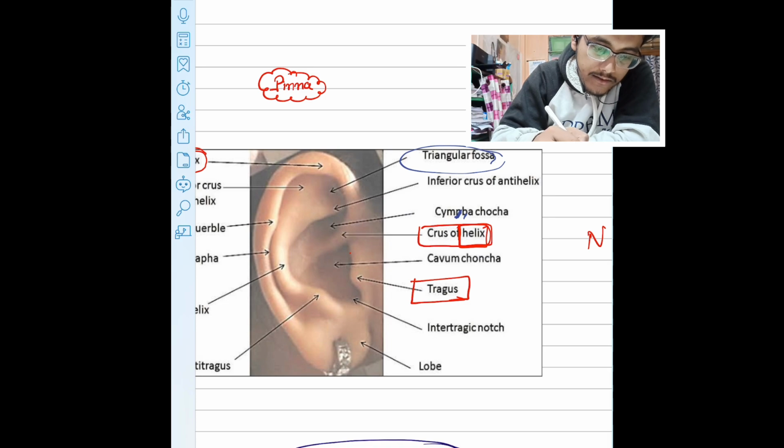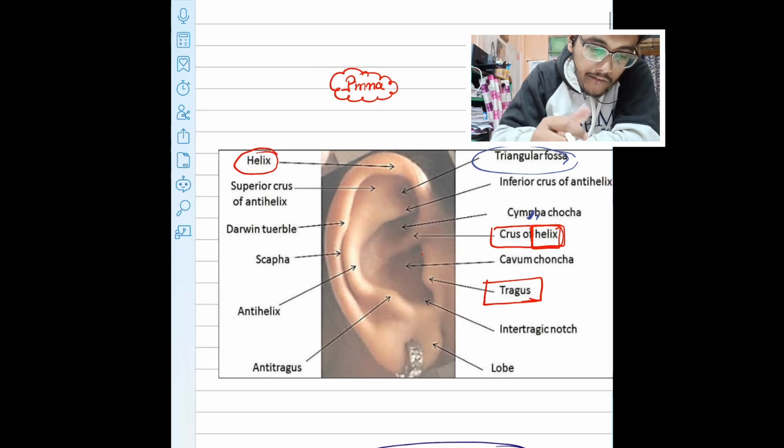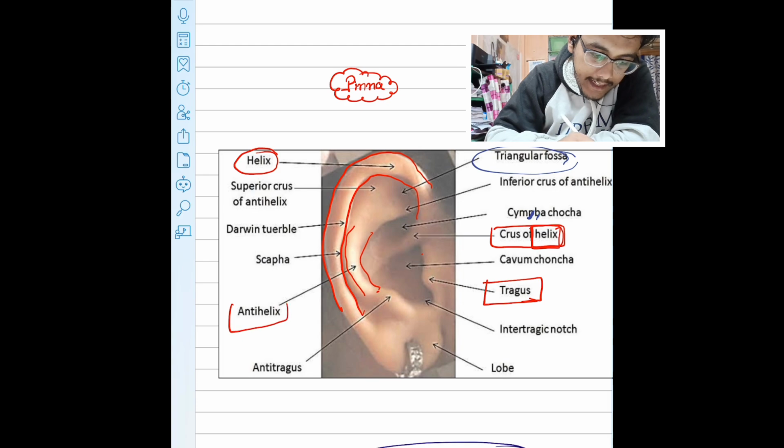Tragus clear, helix also clear. Now you can see this helix is going like this, and keeps on going like this. Just opposite to the helix, another bulge is coming, known as the antihelix. When the antihelix comes upward, it divides into two crura, the upper and the lower.